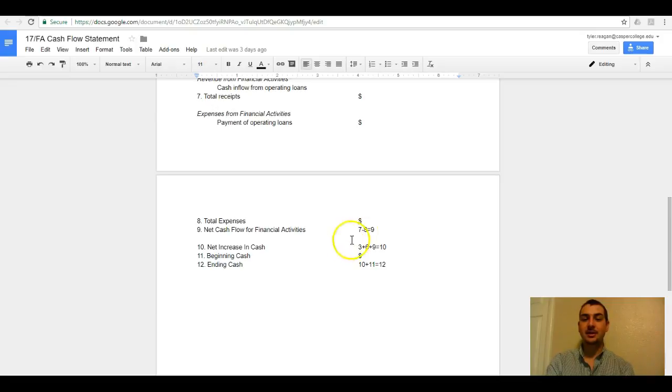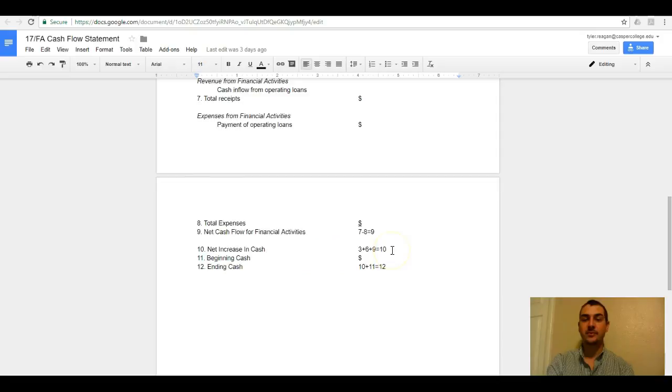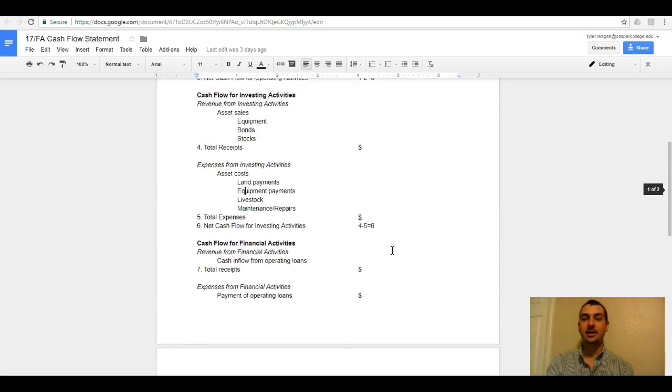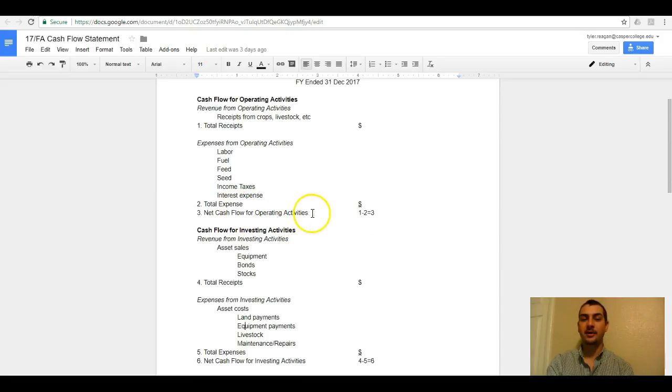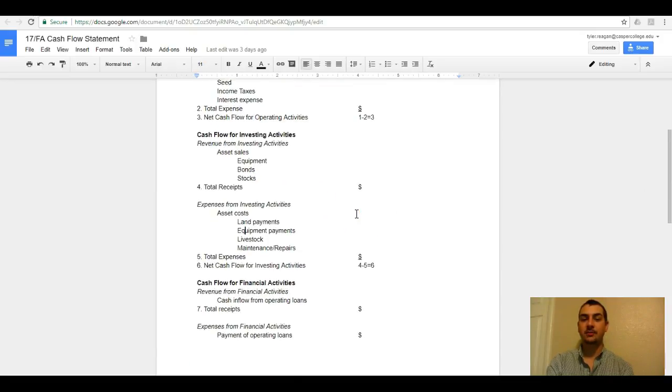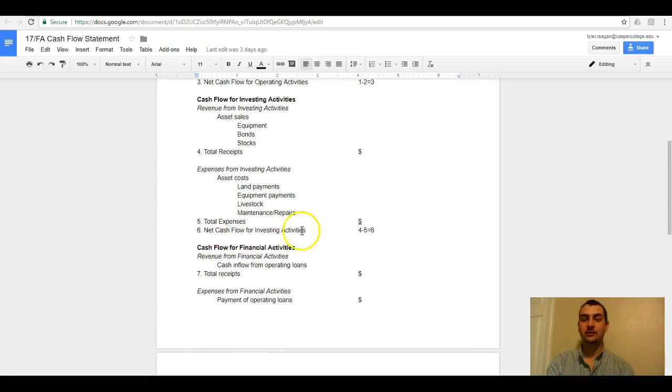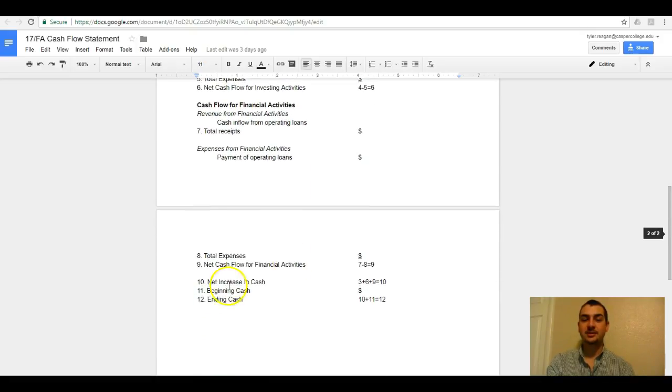And then at the end of it, you need to add up the net increase in cash. What that is, you're adding up the net cash flow of operating activities, that's line 3, plus net cash flow of investing activities, line 6, plus net cash flow of financial activities, line 9.